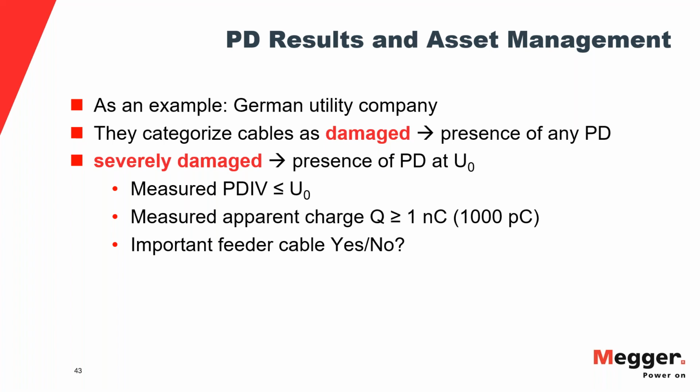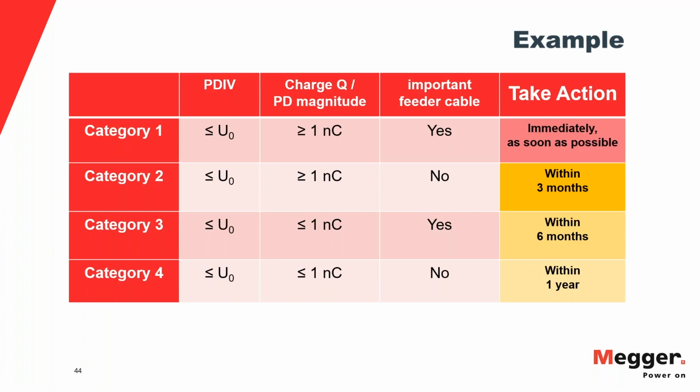So they say any cable that shows partial discharge is considered to be damaged. That's their terminology, okay? And any cable that shows PD at operating voltage is moved up to a state that is considered severely damaged. And then they do additional measurements for their decision matrix. So this is, from the test parameters, what goes into the decision-making process.